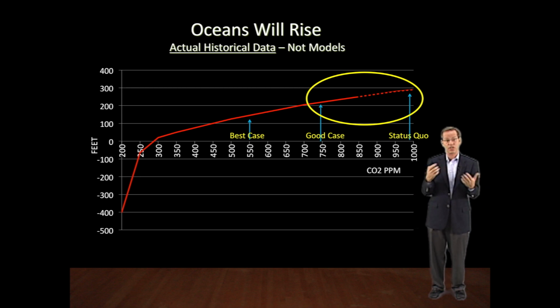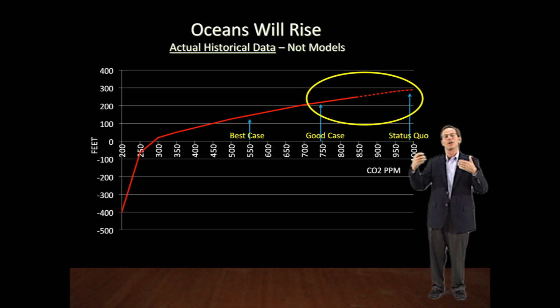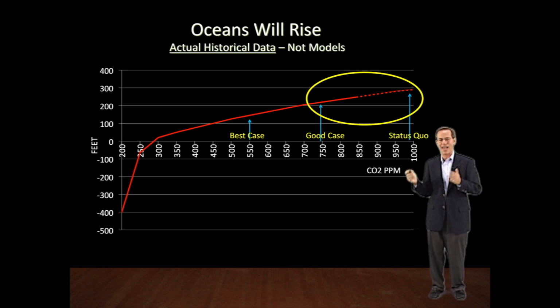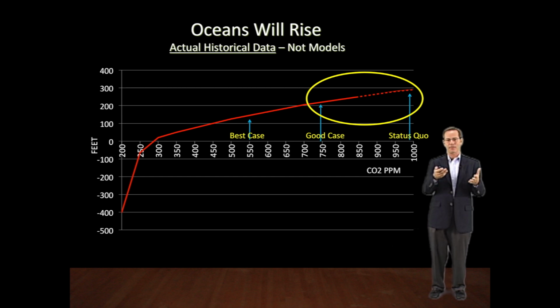We see over some period of time, and it may be hundreds of years, sea rises of over 200, approaching 300 feet. And that's tied to the CO2 parts per million that we're putting in the atmosphere today. So this is tying actual historical data to the actual CO2 ppm that we see in the atmosphere today to the times that occurred in history. So I haven't seen this before, but I thought it was important to share with you what's going on.